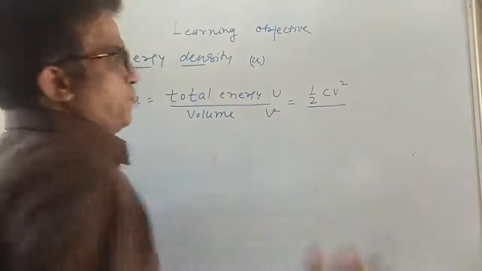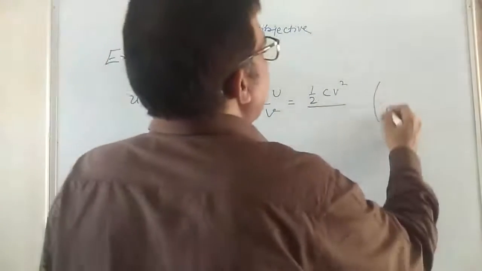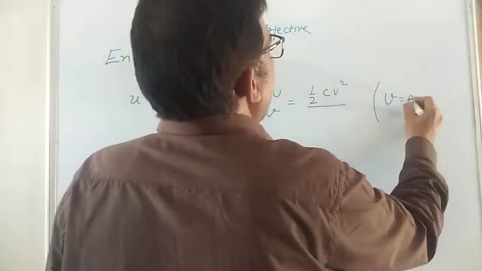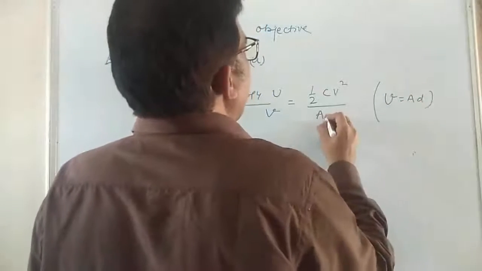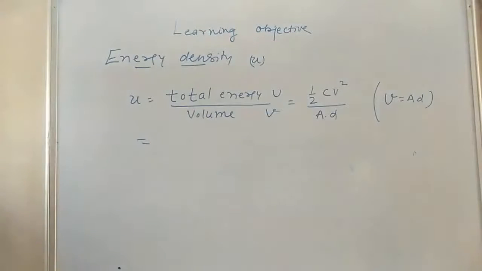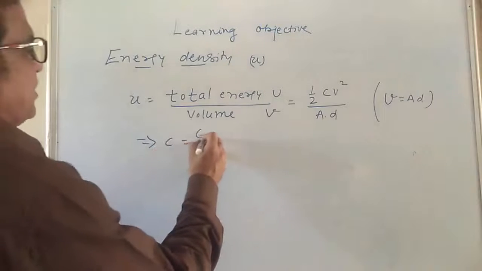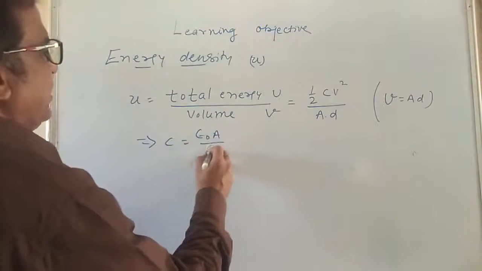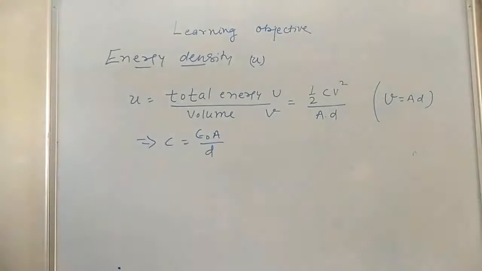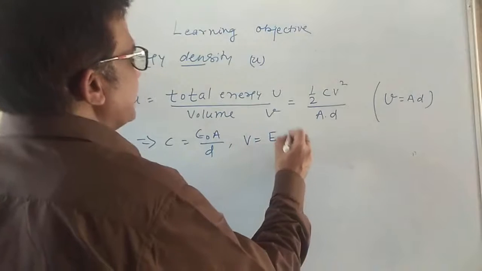Volume of a parallel plate capacitor is area into distance, A into D. Formula for the parallel plate capacitor capacitance is epsilon naught A by D. Also, the formula for the electric potential is ED.